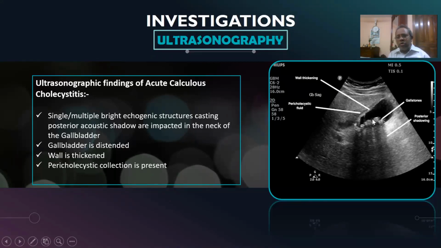One is a gallbladder stone, another is a gallbladder polyp. But in case of a gallbladder polyp, there is no shadow in the ultrasonography. An echogenic structure without acoustic shadow is your diagnosis of gallbladder polyp.